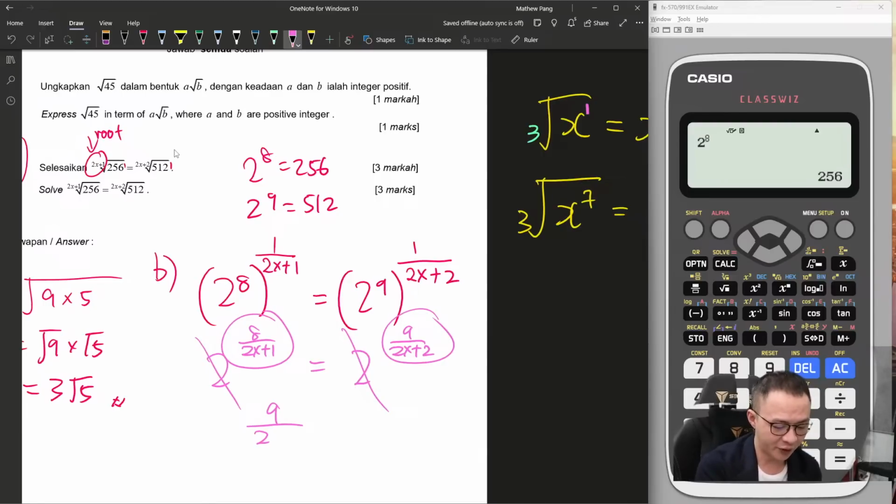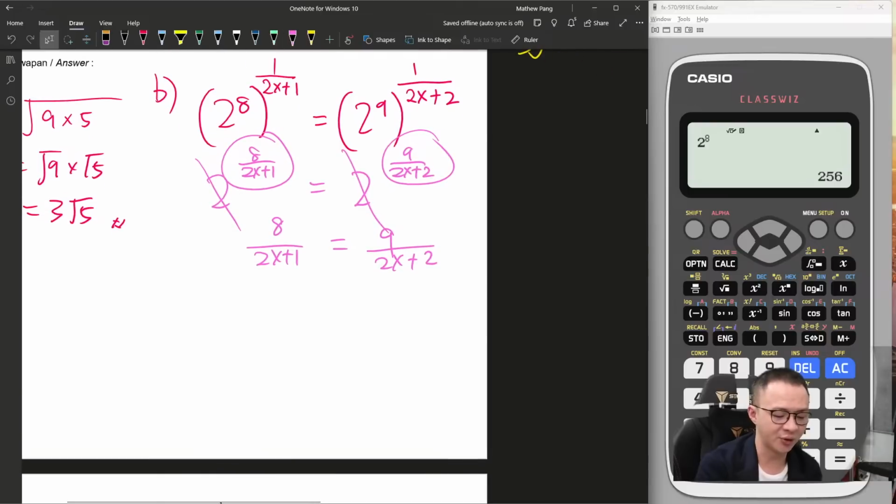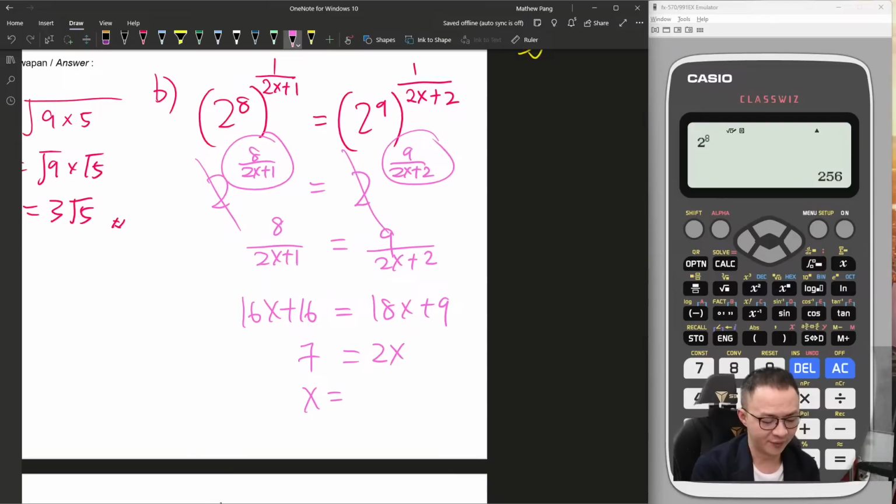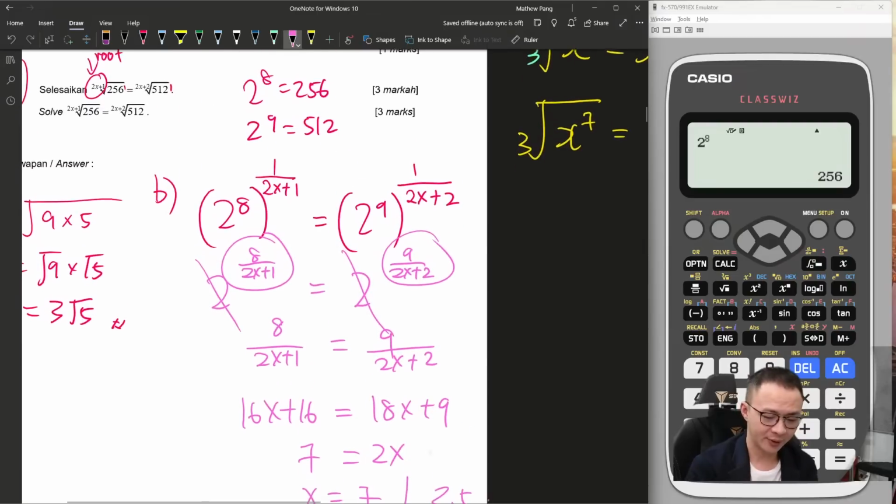So 9 over 2x plus 1 equals 8 over 2x plus 1, and then we cross multiply. This gives 16x plus 16 equals 18x plus 9. Basically 2x equals 7, then x equals 7 over 2, or we can say it's 3.5. Okay?